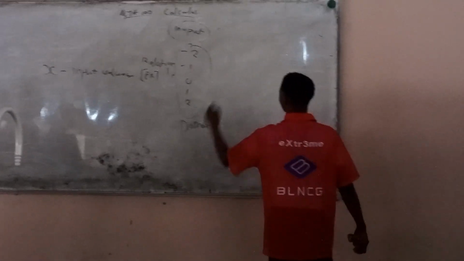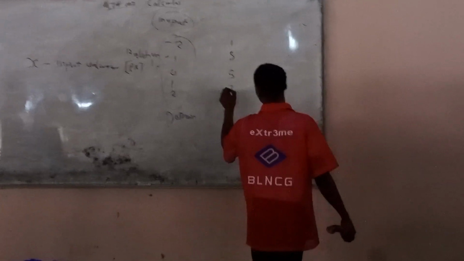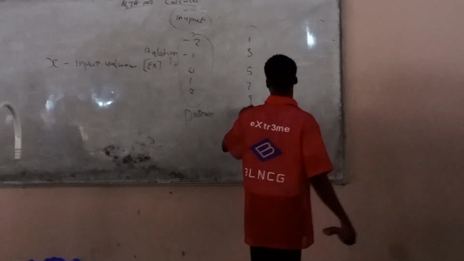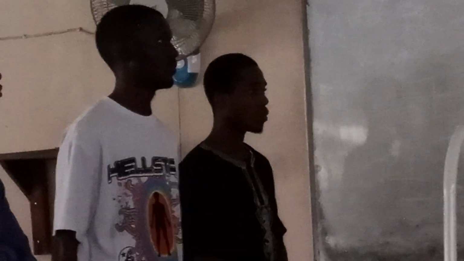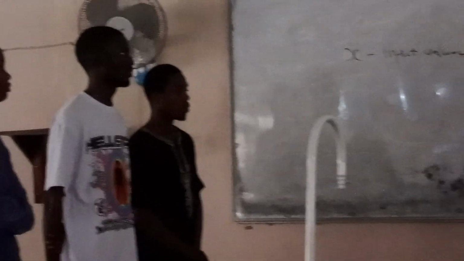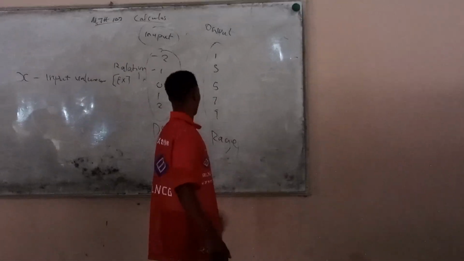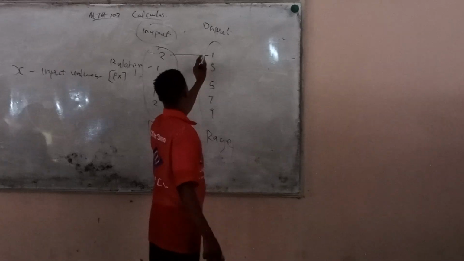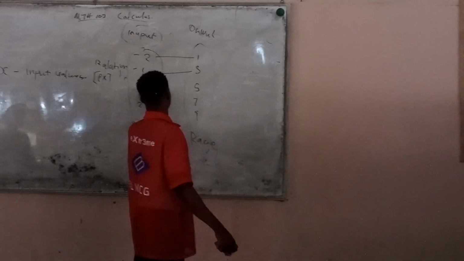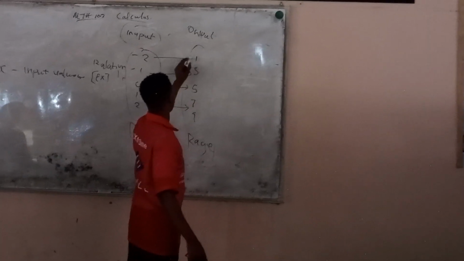Then we have 1, 3, 5, 7 and 9 as our outputs. Then this is the variable. So we map them like this.